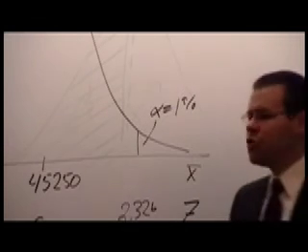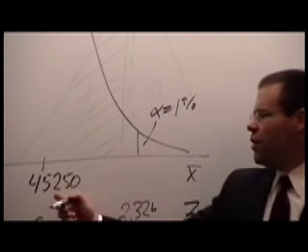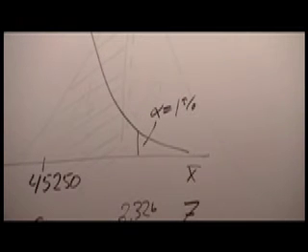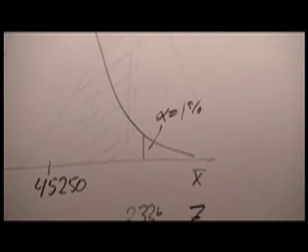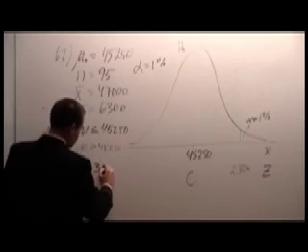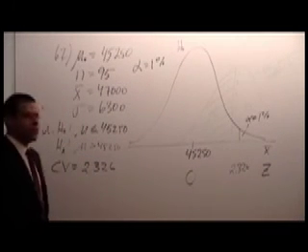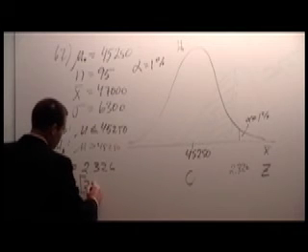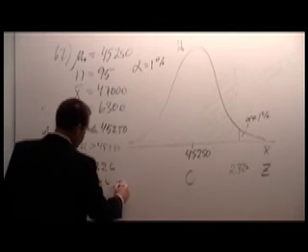So we want something that's 2.326 standard deviations greater than 45,250. But in terms of Z, the critical value is 2.326, and the rejection region is 2.326 to positive infinity.